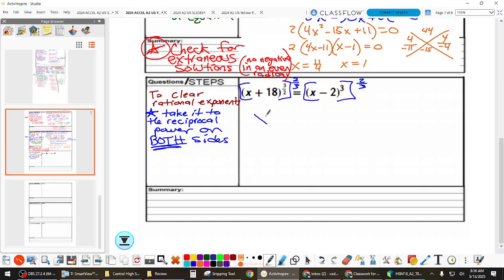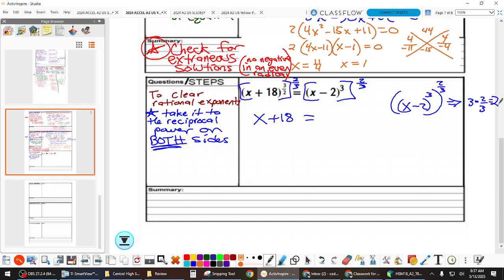This one I guess isn't that big a deal either. But what is x minus 2 cubed to the 2/3? 6. The 3's can cancel out and you get 2 of them. It's just 2, right?